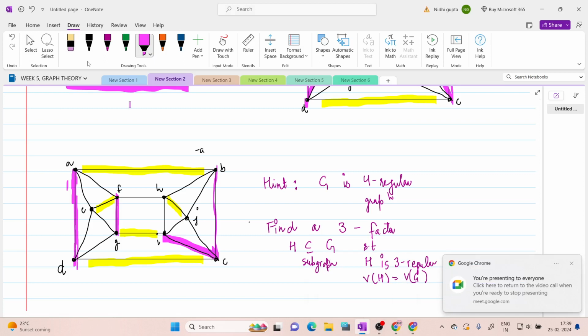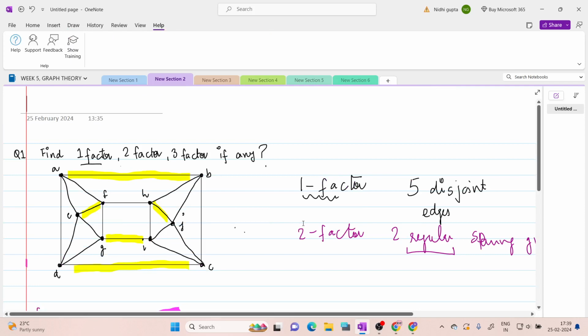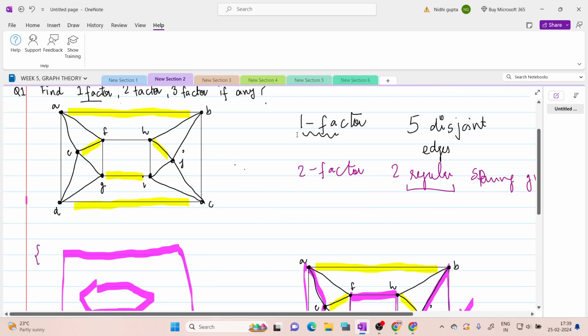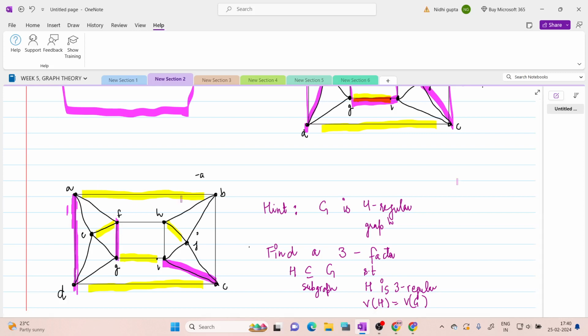We cannot remove BC. But still, we haven't removed 5 edges.